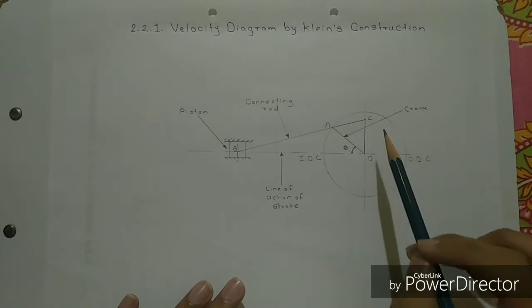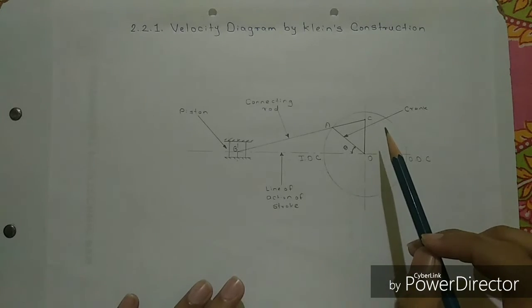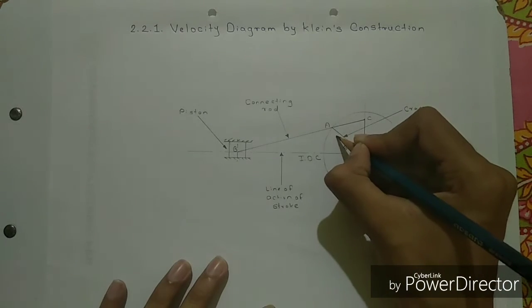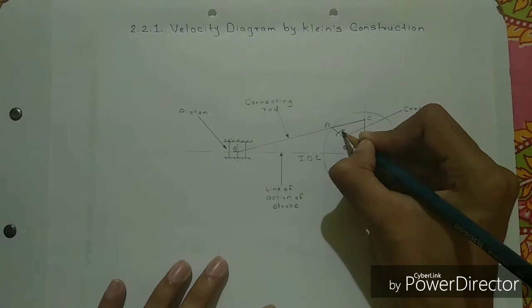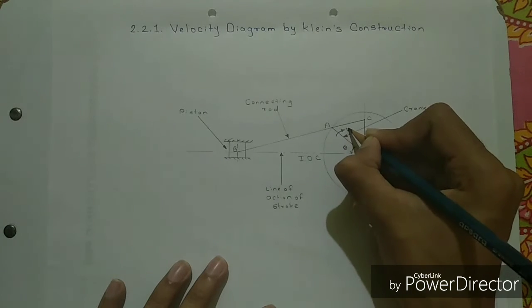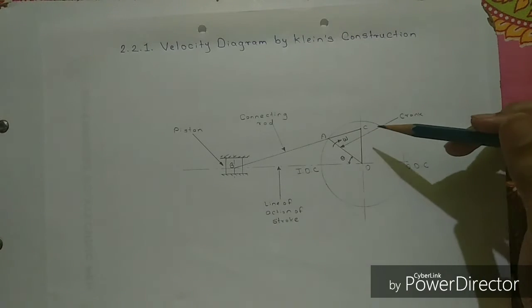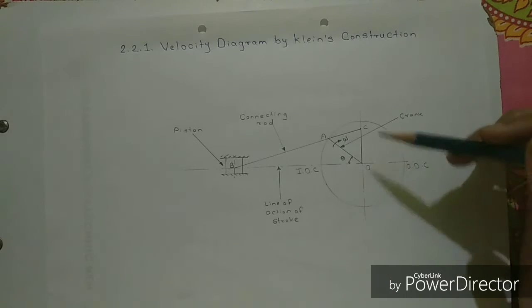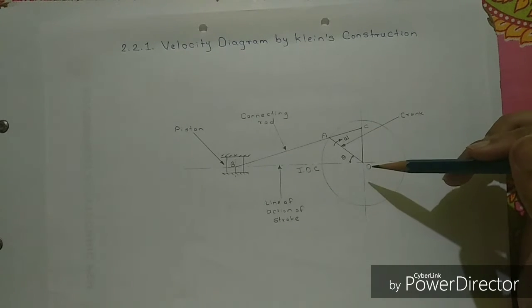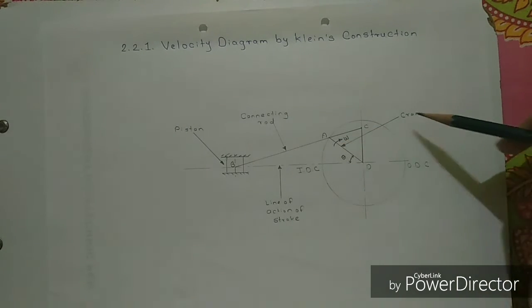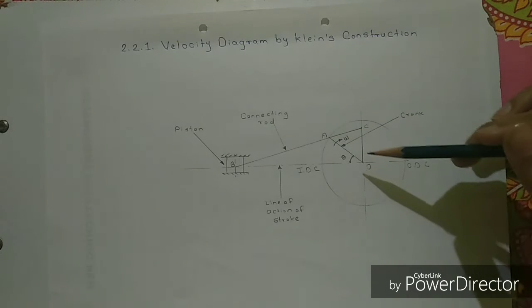This crank has a certain omega, meaning it has some angular velocity. Now in triangle ACO, AO represents velocity of crank.